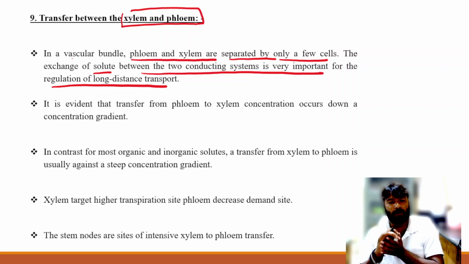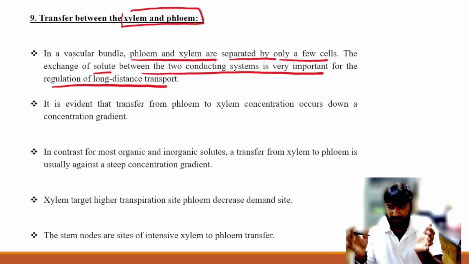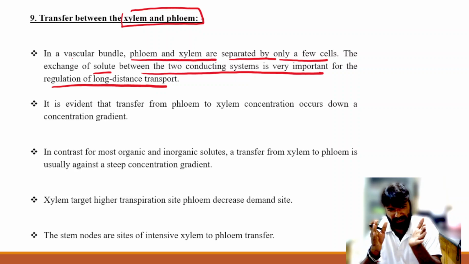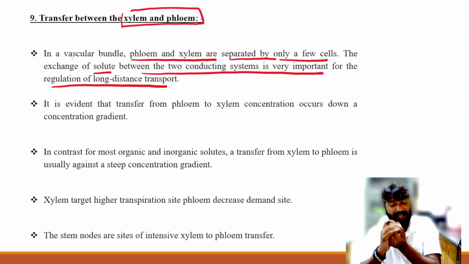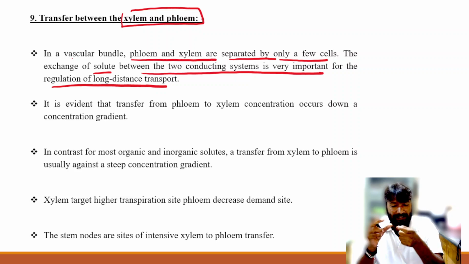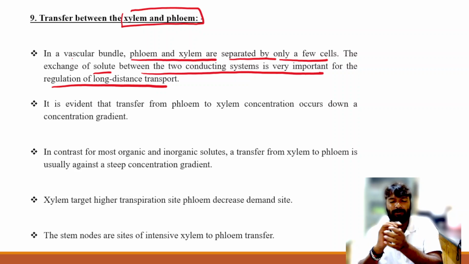So friends, we already discussed that there will be an exchange of solutes between the xylem and phloem, and that is very crucial because there will be some barriers like the root shoot junction, the nodes. So in this case there will be a less or there will be a blockage in the xylem.